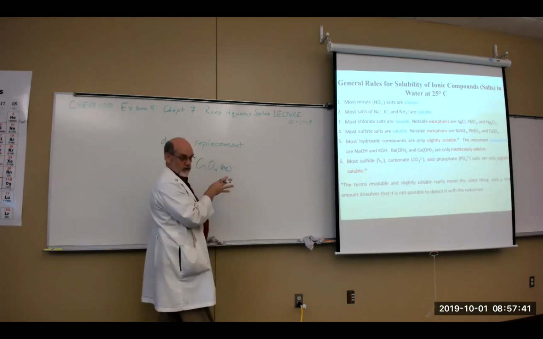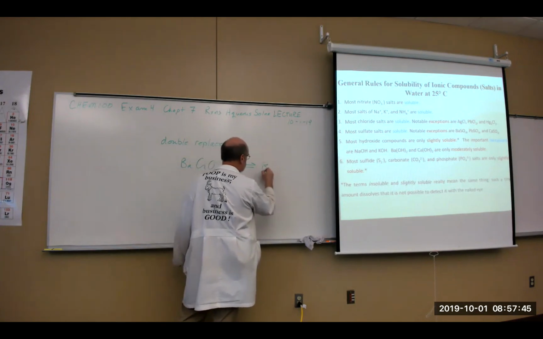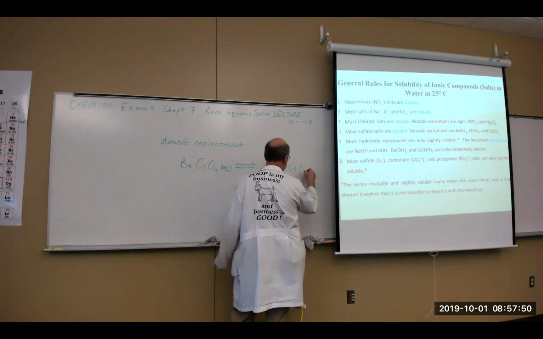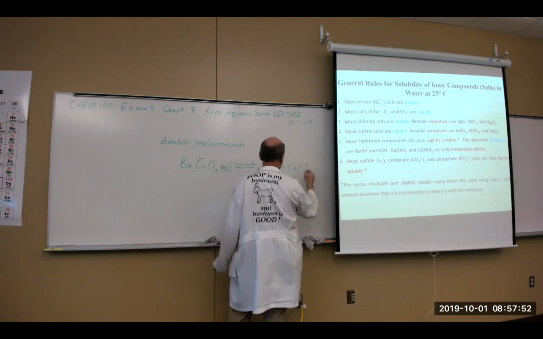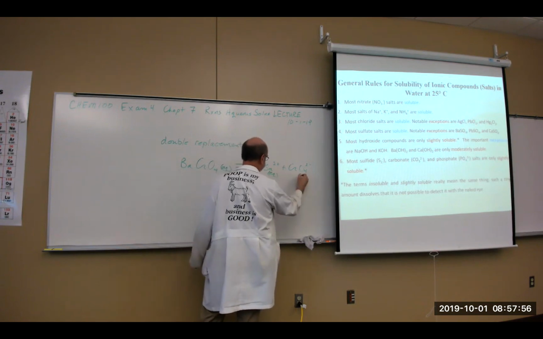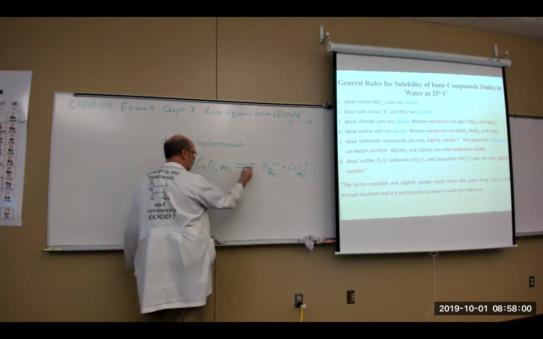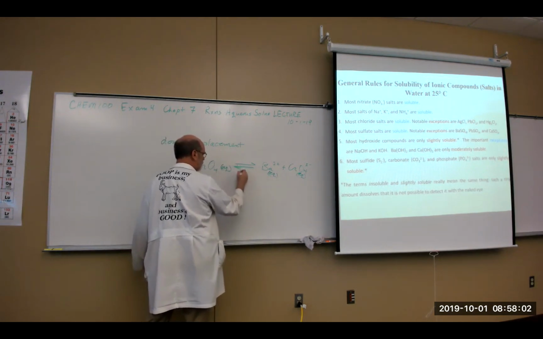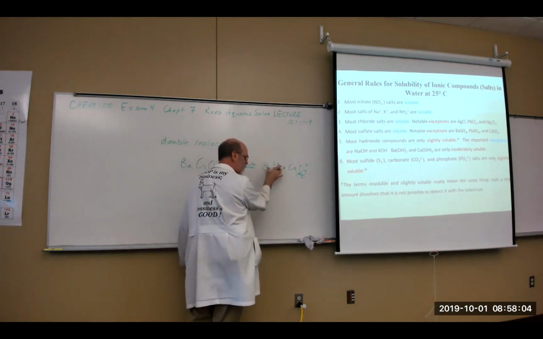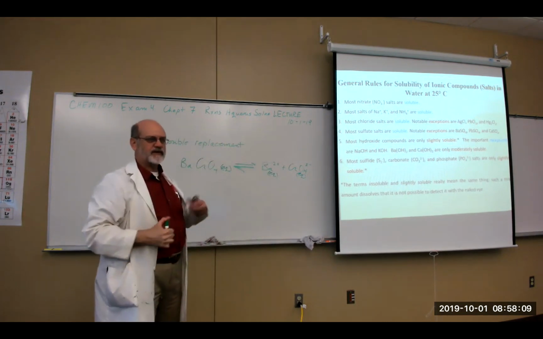We've said it's insoluble in water, but in fact, it does dissociate very slightly in water. The vast majority of it is over here. But just a few ions are in solution. So that's what we mean by slightly soluble.